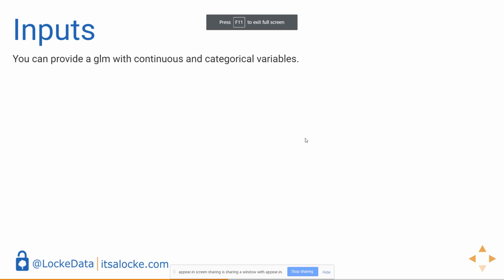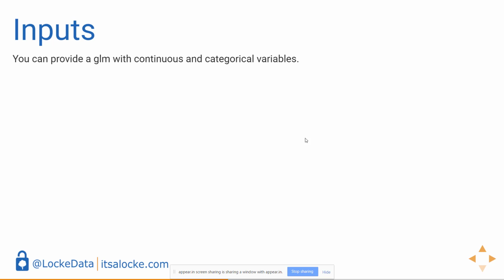Okay, so inputs for a GLM include continuous and categorical variables. With some types of models, you have to convert everything to numeric values first. With GLM, you can chuck character data at it, but of course, having a very, very unique column like postcode might not be very sensible.